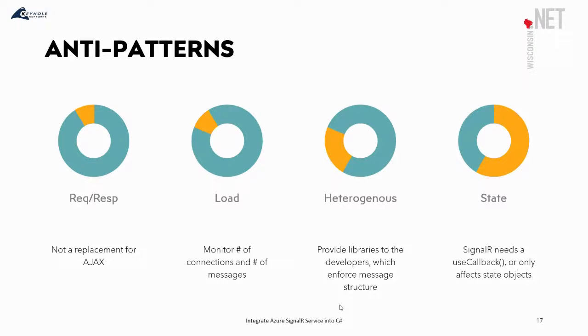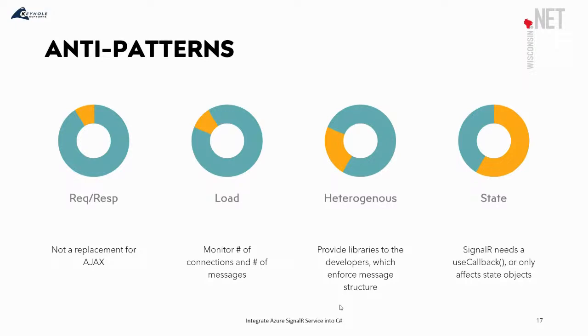Theoretically, you could use SignalR as a complete replacement for AJAX. I've seen it done. I wouldn't recommend anyone do it if you value your sanity. It's not what it's really meant for. It's meant for those really niche use cases, the ones where just AJAX isn't the right tool for the job.